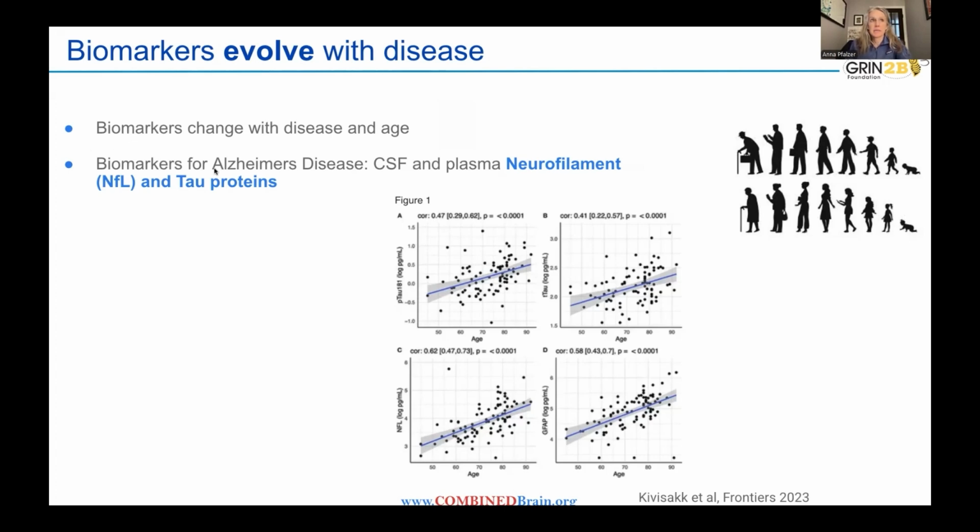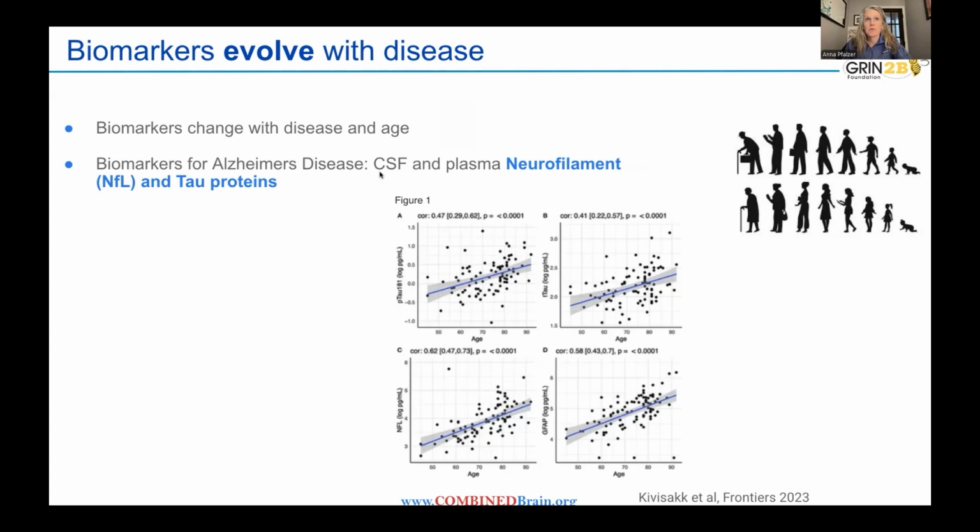And two examples of this, which some people may be familiar with, I just pulled out an example here from a paper that was looking at biomarkers in Alzheimer's disease, one of the most well-known adult neurodegenerative disorders currently in the United States.